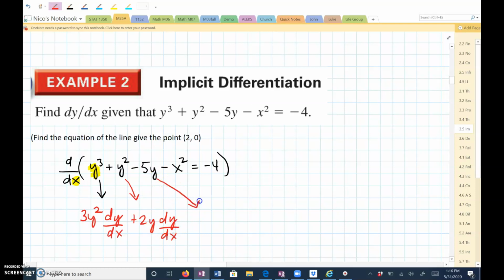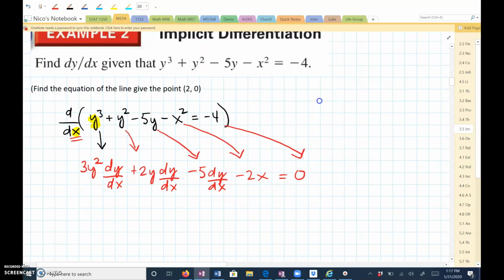This one as well, so this would be minus 5 dy dx. This one is with respect to x, so you just take the derivative, negative 2x, equals a constant. Constant, we can assume that is with respect to x, so we'll say that is 0.